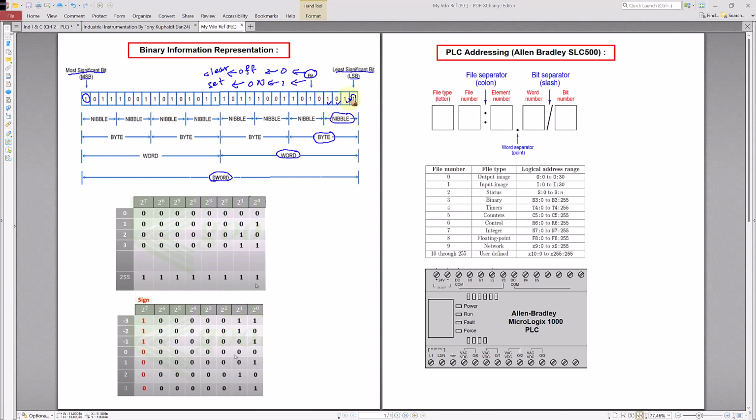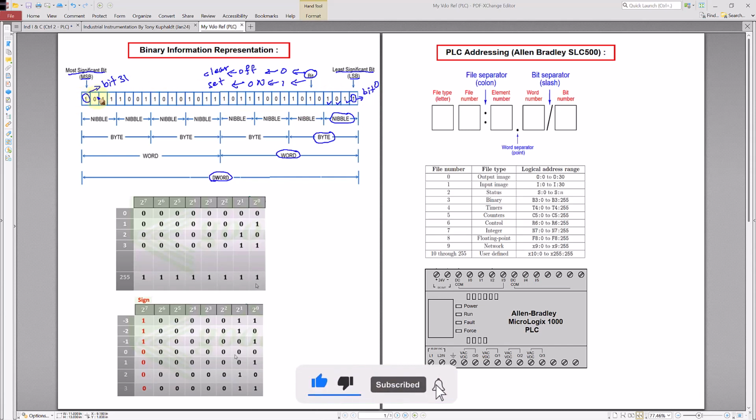The first bit here is called bit 0, here is bit 1, bit 2, bit 3, and here is bit 31. The total is 32 bits, starting from bit 0 until bit 31.